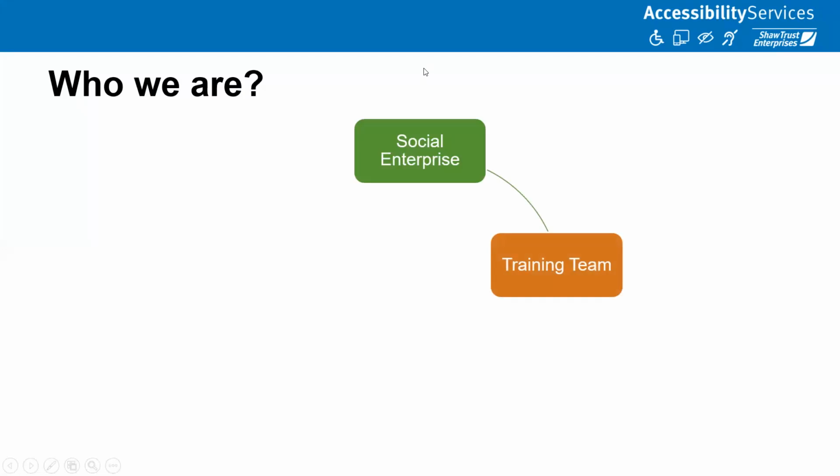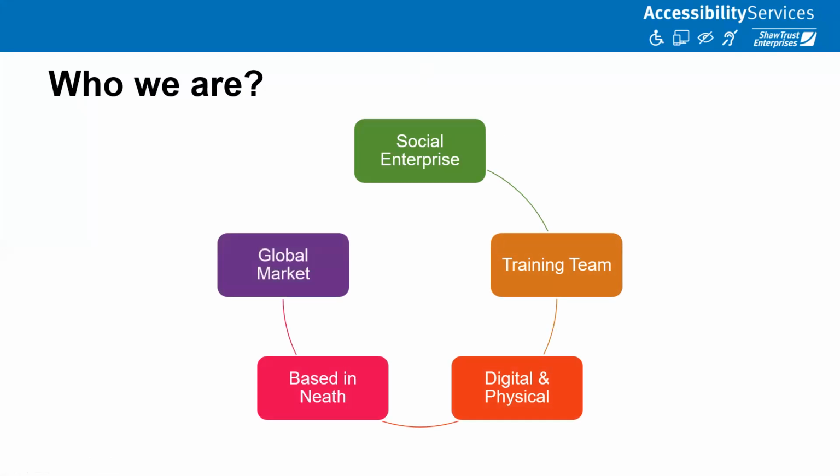So we're a little bit of a social enterprise, and we started off training individuals who were blind or had physical impairments to use particular assistive technology. And we realized very quickly that websites, mobile apps, documents and things like that just weren't compatible anyway. So what was the real point in these individuals being super duper users if actually the websites and the material out there wasn't going to be any good for them anyway?